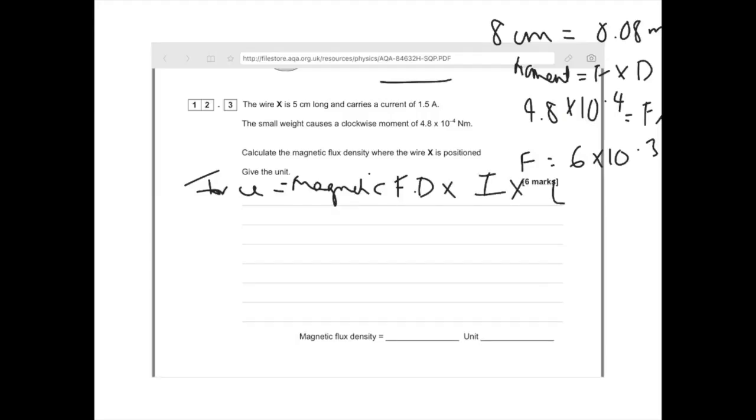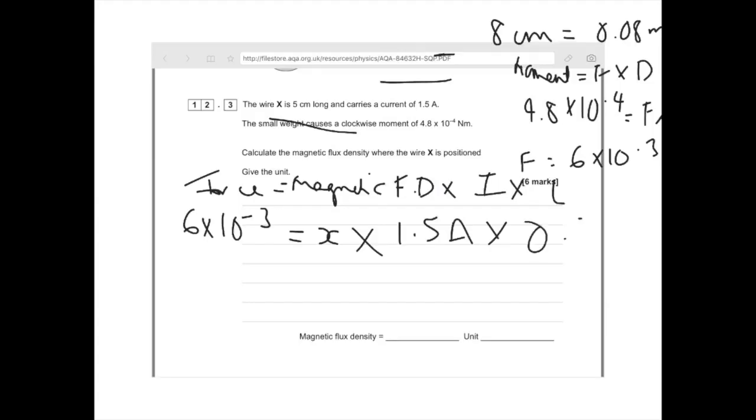I've just worked out the force, 6 times 10 to the minus 3. We're looking for the magnetic flux, so I'm going to put an X there. We've got the current, which we've been told is 1.5 amps. And lastly, we got told that the wire is 5 centimeters long, so I'm going to convert that to meters again by dividing by 100 to get 0.05.